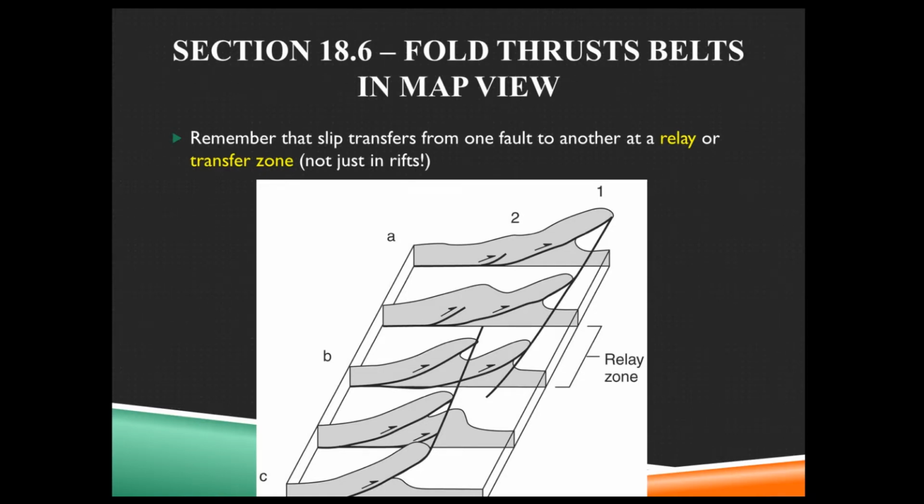We can also get it in compressional thrust fold belts. You can see here these different cross sections as we move from A to C. These thrust faults don't all line up. This thrust fault up here is short, does not reach the surface, and is about halfway across.